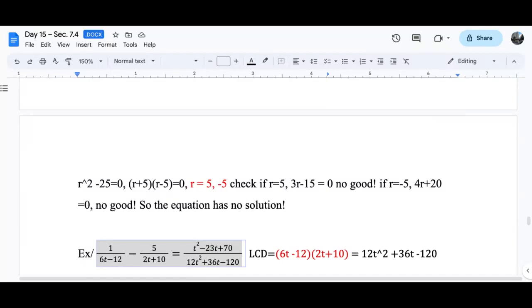Try to find the t, then check to see if the one you get is a real solution.